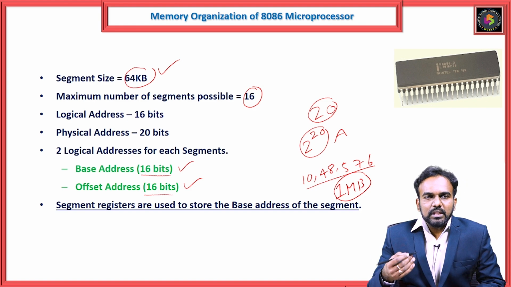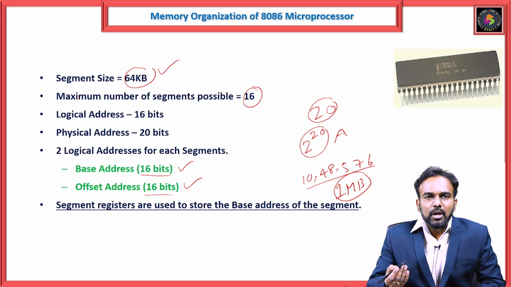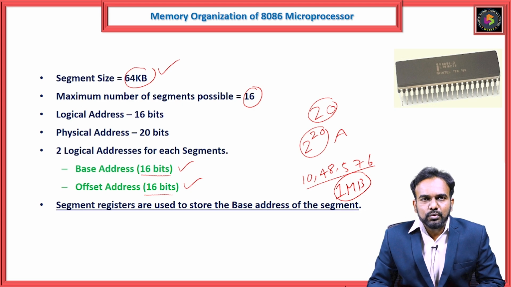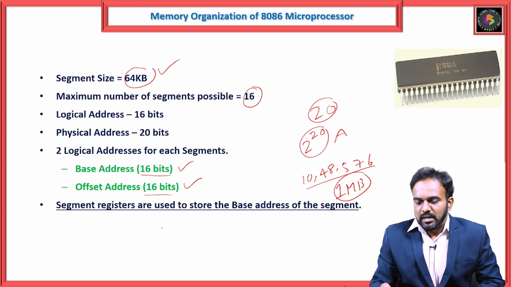Totally, by using some physical memory calculation to get the 20-bit address, we are going to use different types of techniques. One of the memory techniques we are going to use to calculate the 20-bit address is in the coming slides. The segment registers are used to store the base address of the segment.